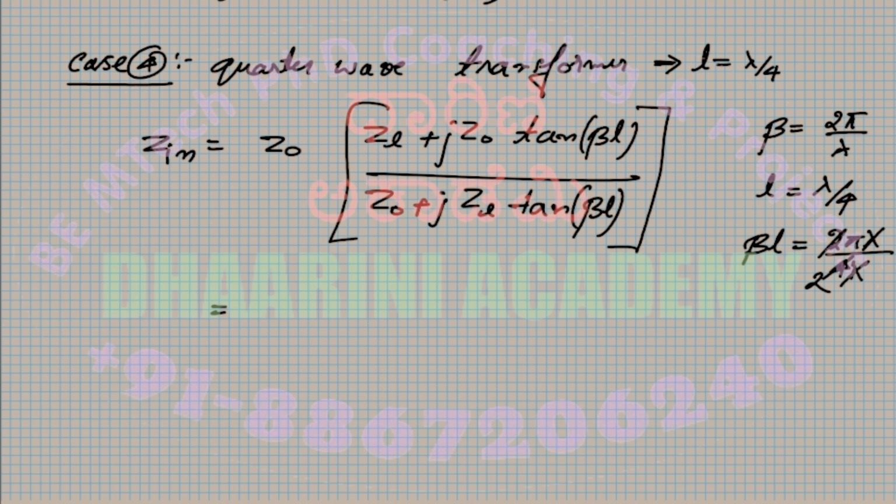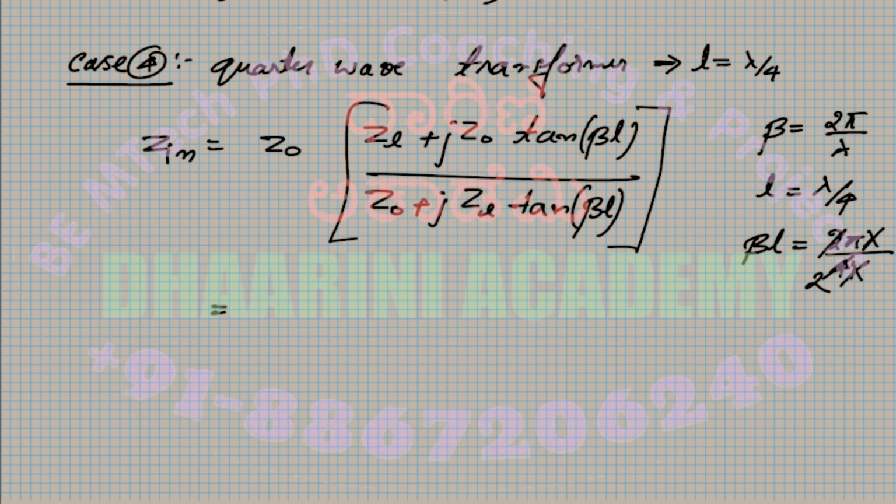Because beta L is pi by 2. Tan 90 degrees. What happens? It's infinity actually, correct?